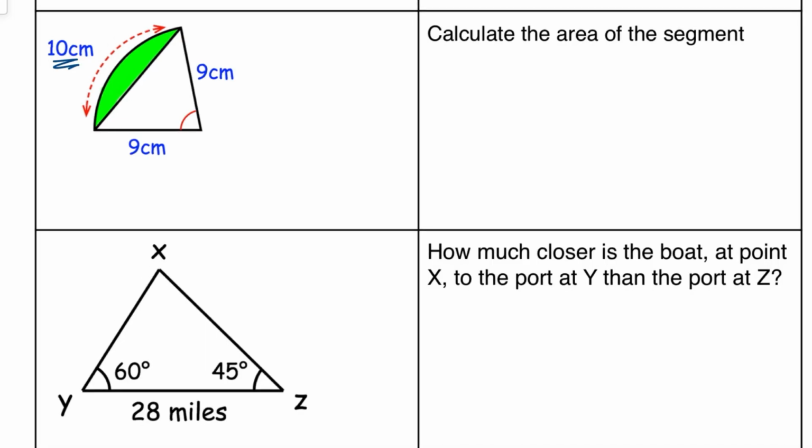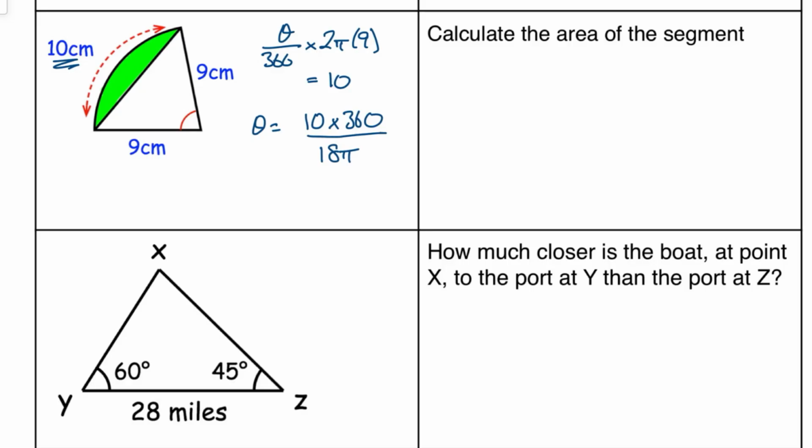So I'm going to use the formula that theta over 360, in other words, a fraction of the arc, times by the total circumference, 2 times pi times radius, which is 9, is equal to 10. So in other words, theta is going to be equal to 10 times by 360 divided by 18, 2 times 9 times pi. So calculator out again.